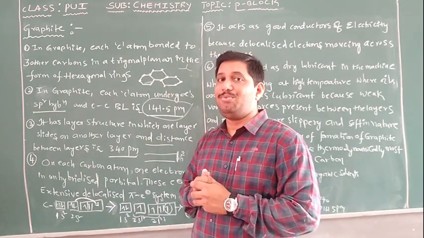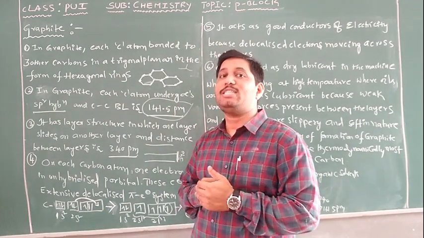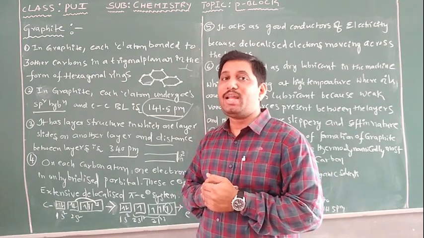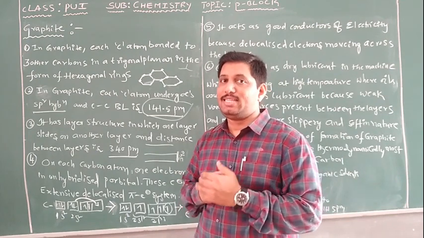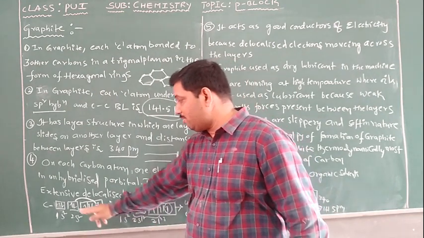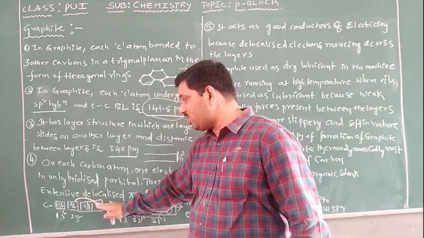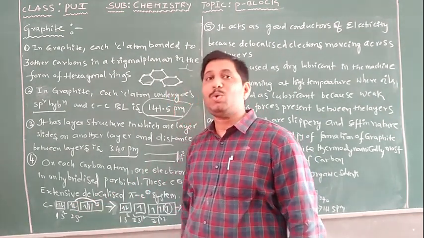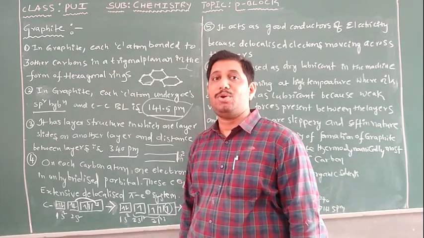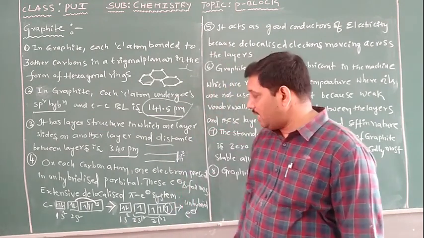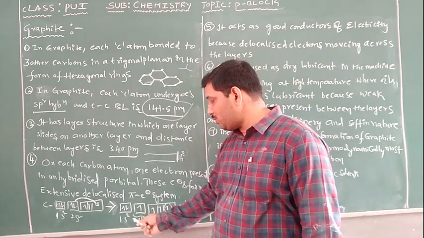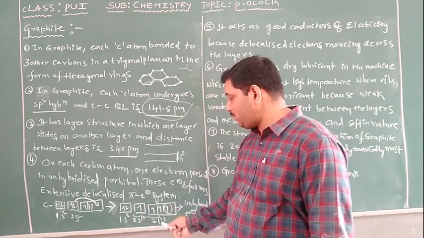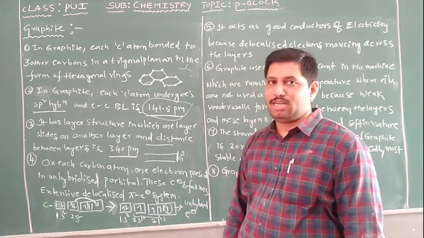But in graphite, the carbon undergoes sp2 hybridization. To undergo hybridization, excitation of an electron will be required. Hence, by supplying energy, one electron jumps from the 2s orbital to the 2pz orbital. Hence, the electronic configuration is 1s2, 2s1, 2px1, 2py1, 2pz1.